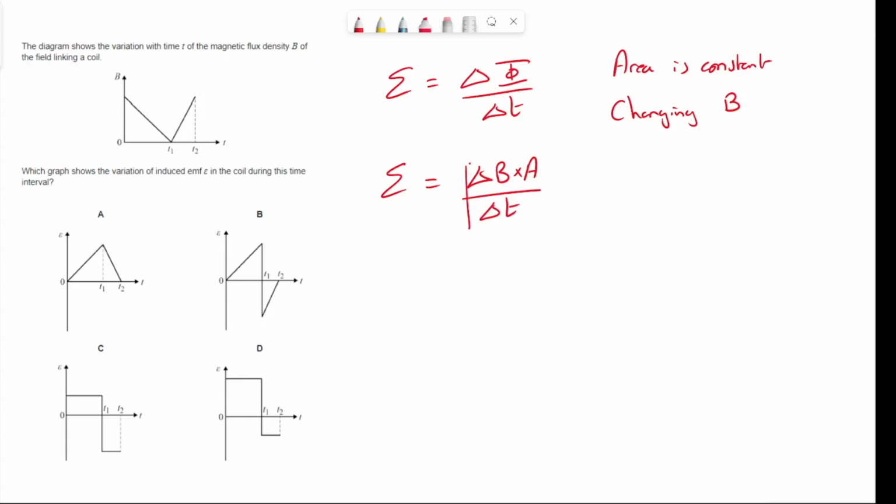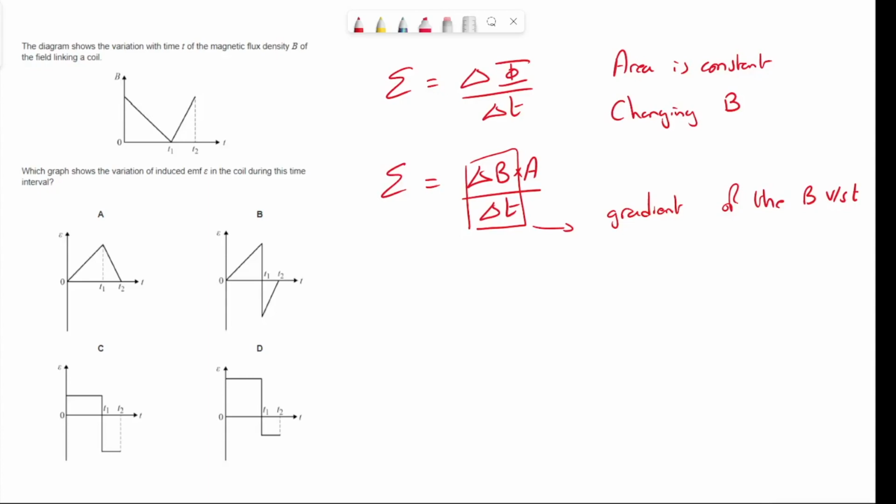If we look at this part of the equation, delta B over delta T, that's simply the gradient of the B versus T graph. Here we see that the EMF is going to be proportional to the gradient of the B versus T graph.